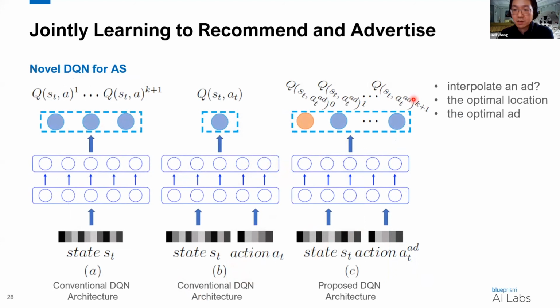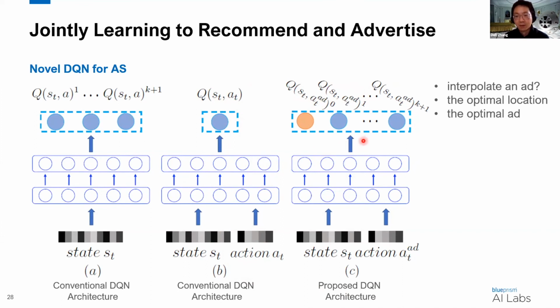And then for the advertising, you would need to address these three sub-questions simultaneously. One way to do that is to adapt the DQN network architecture. Instead of just taking the input of the state and action and outputting a single Q value for that pair of state and action, this DQN would output Q values, one for each location in the list of recommended items.